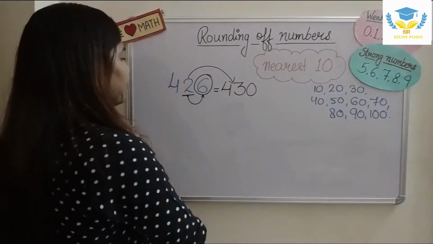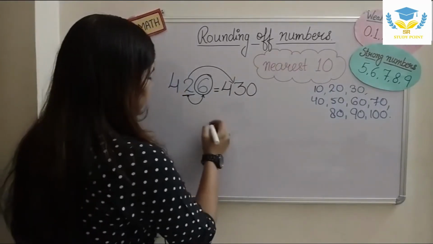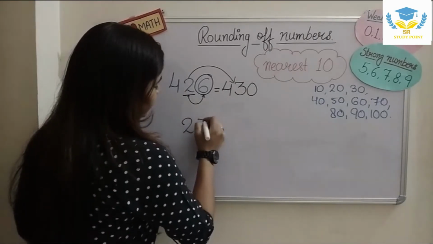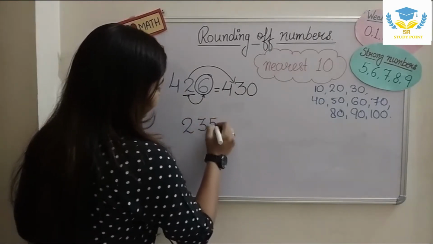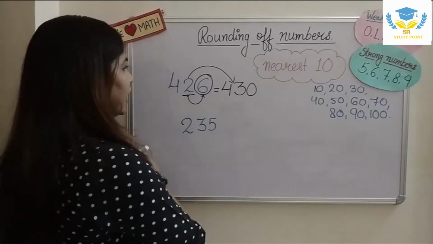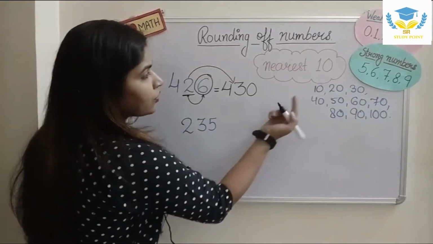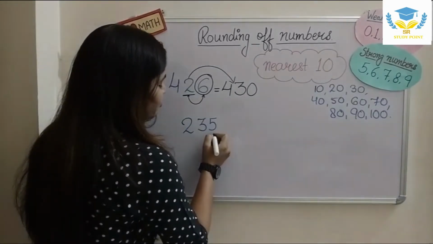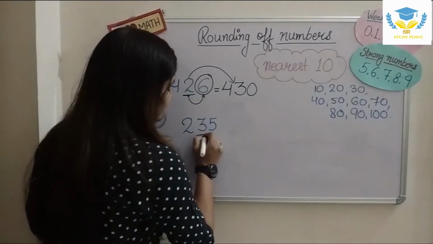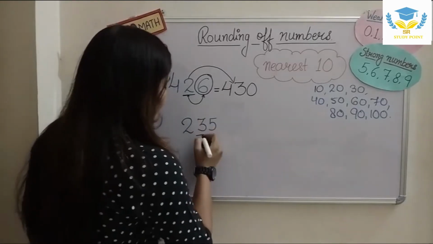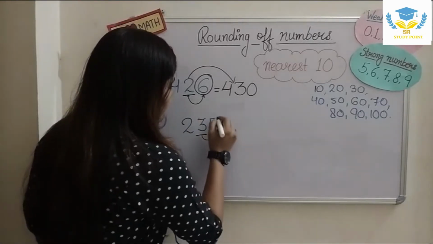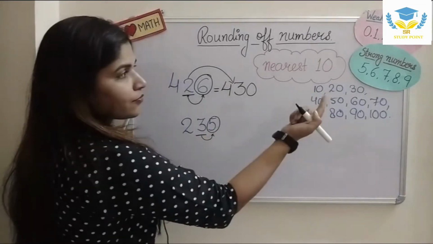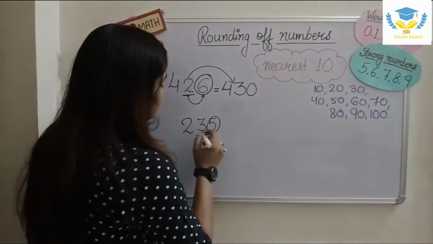Let us see with one more example. I have 235. So in this one, again we are going to count the numbers with the place value ones and tens. 3 is at the tens place. And I'm going to circle this number, that is 5, which is from the strong number family.